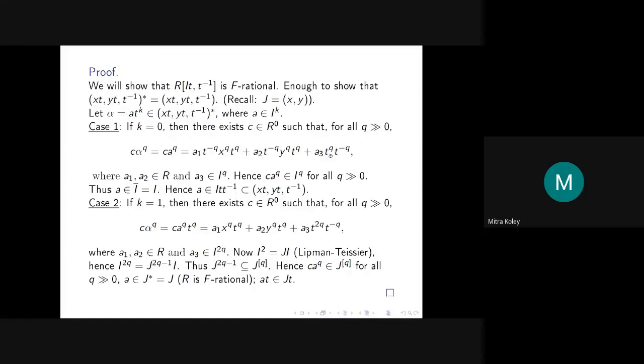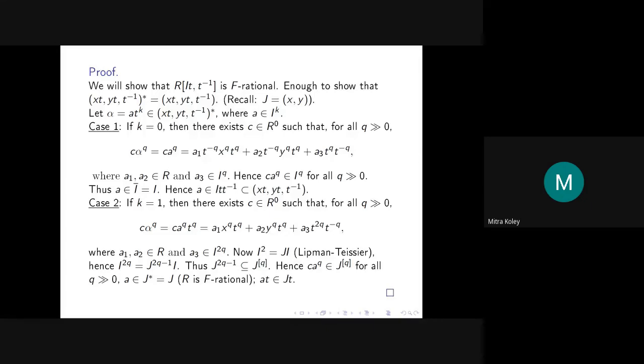That is why A3 is in I^q. Hence, c a^q is in I^q for all large q, which says that a is in the integral closure of I, but I is assumed to be integrally closed. Hence, a is in the ideal I.